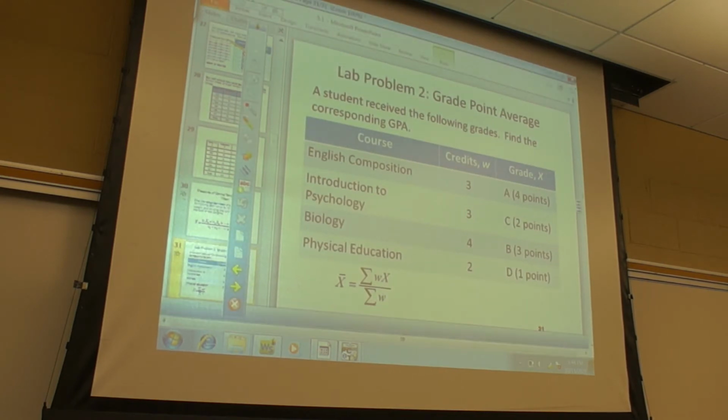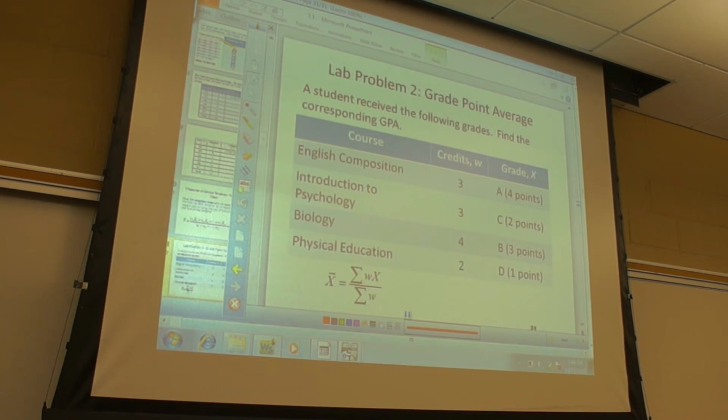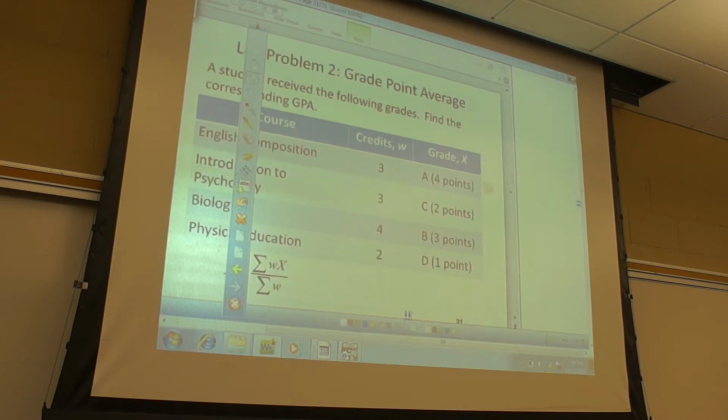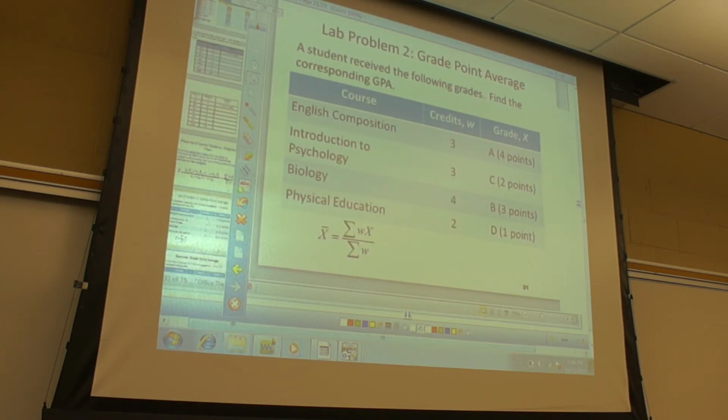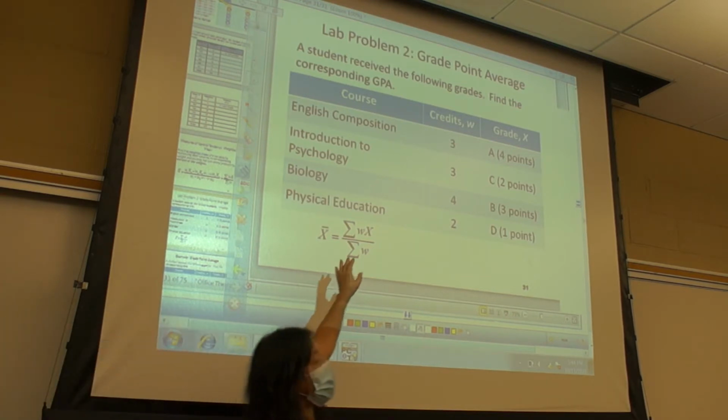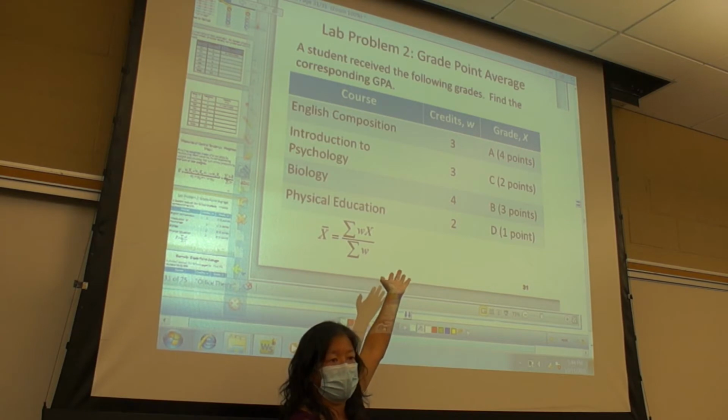Okay, so who's ever computed GPA before? Okay, a couple people. The rest of you will do one right now. So how this works, a GPA is, I have English composition. You get an A in it, but it's not worth as much as biology, because biology is 4 units.